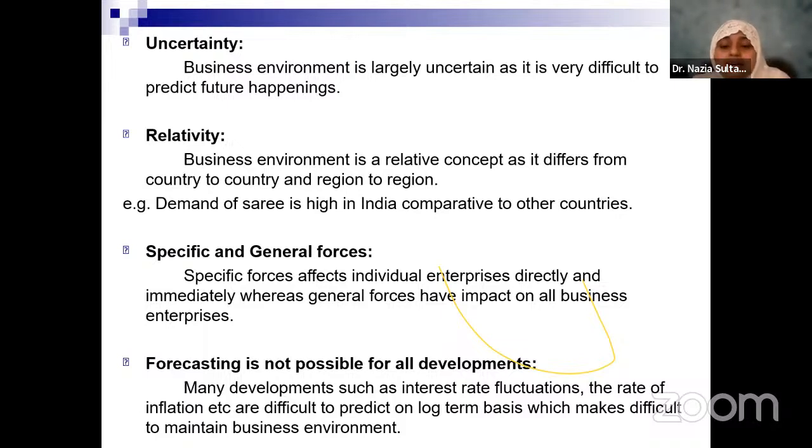The changes are all related to the future, and the future naturally is uncertain. So you talk about the uncertainty associated with the business environment, because it is related to the future, and prediction of the future cannot be done with complete accuracy. Therefore, the business environment largely happens to be uncertain.